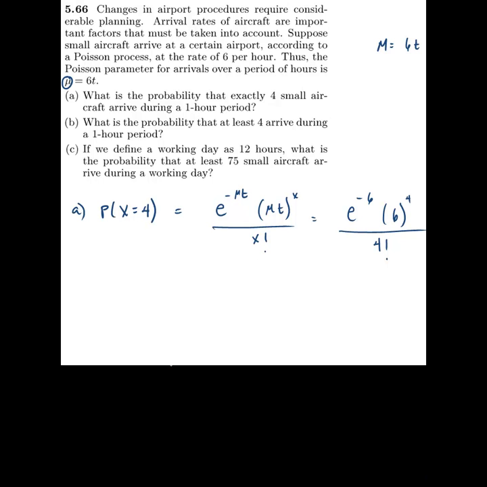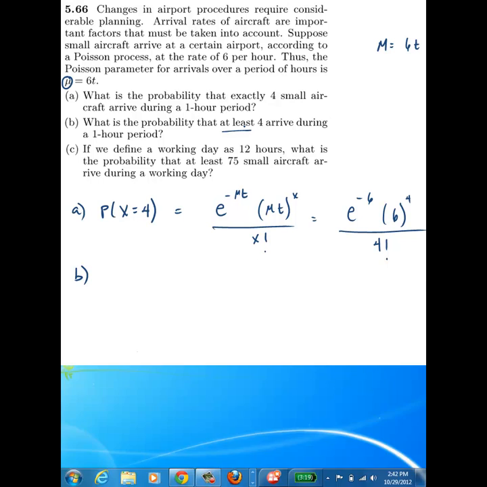Part B is what is the probability that at least 4 arrive during an hour period. So for part B, we are looking at least. So what is that probability? Less than, greater than, equal to? Correct.